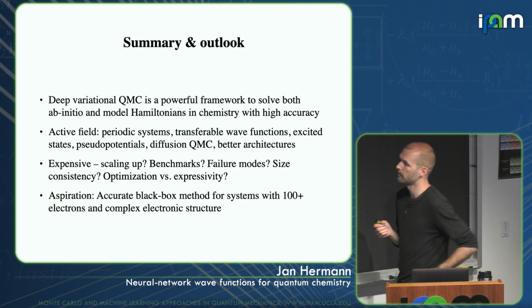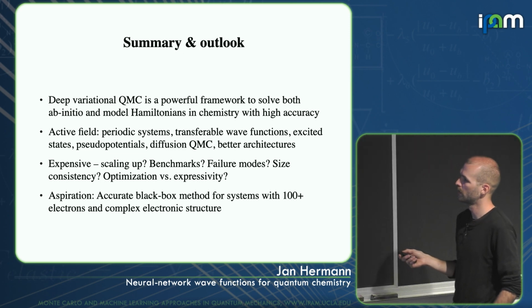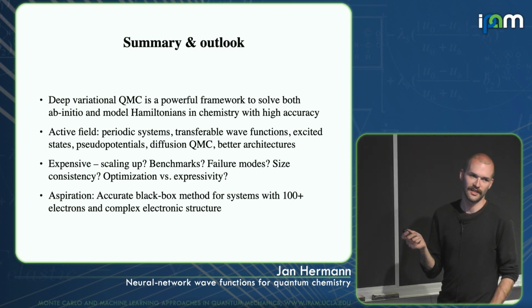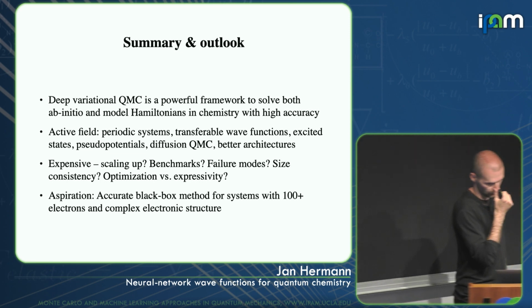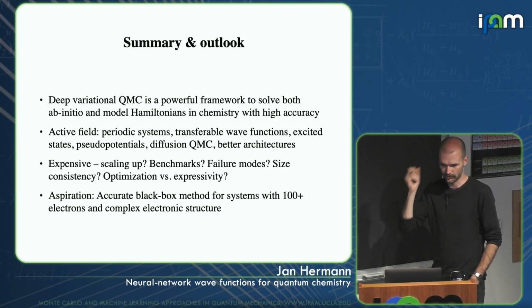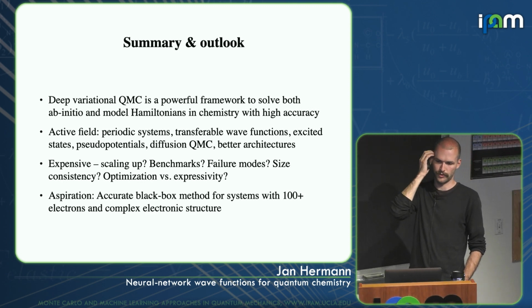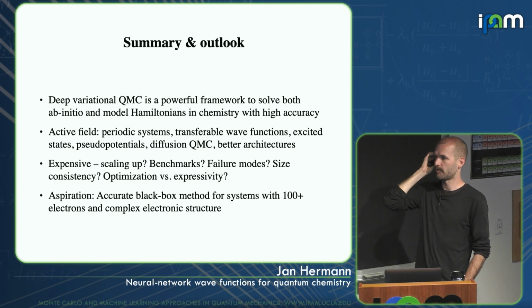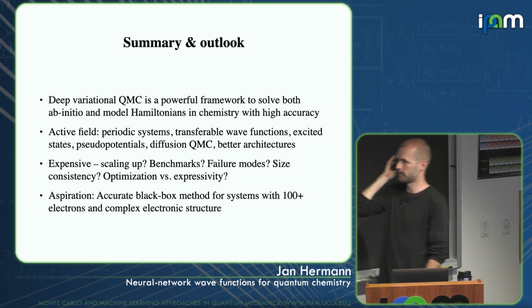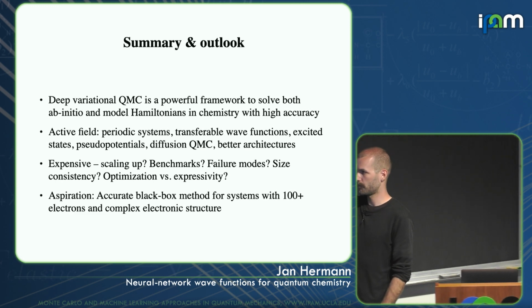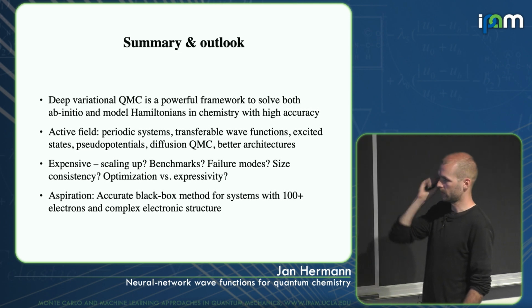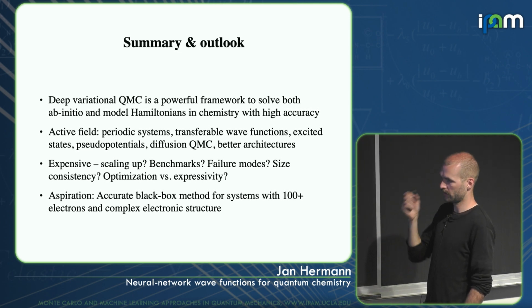And I'm at the end now. My main message is that deep variational QMC with deep neural networks is a really powerful framework to solve whatever Hamiltonian you want to solve with pretty good accuracy. In particular, electronic QMC with neural networks is pretty active.